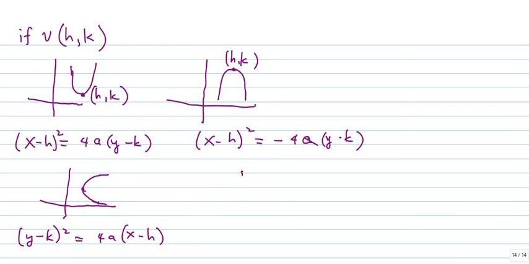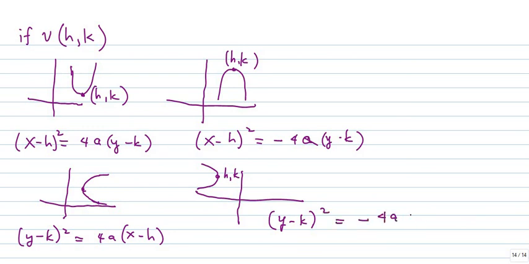And if the opening is on the negative x, with the center at (h, k), we have (y minus k) squared equals negative 4a(x minus h). The difference here is the negative sign, because it is opening to the negative x.